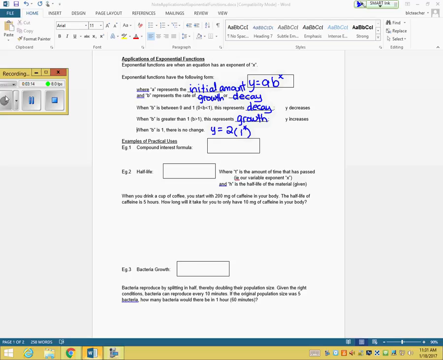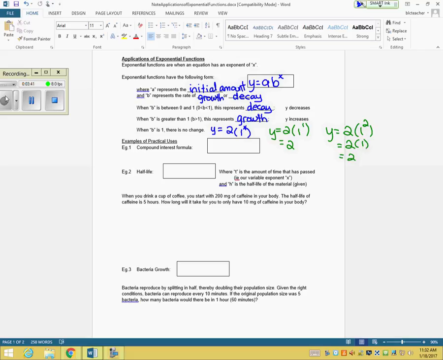So as x gets bigger, you're still going to have y equals 2. It doesn't matter how you change the x value. So for instance, y equals 2, 1 to the power of 1 is going to equal 2. If I have y equals 2 and x equals 2, I'm still going to have 2 times 1. I'm still going to have 2, etc., etc.